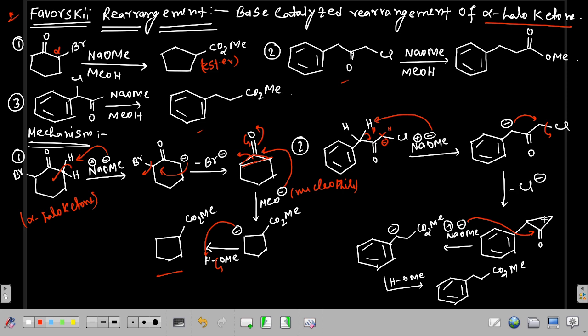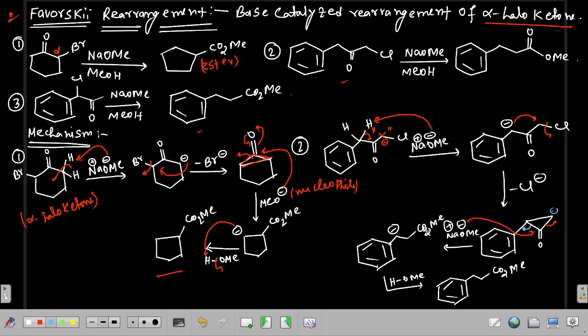Now this methoxide ion will attack the carbonyl species. There are two possibilities, this bond will break on this side or this side. But if it breaks this side, it will form an anion on this side, and this anion will not be stabilized by the aromatic species.